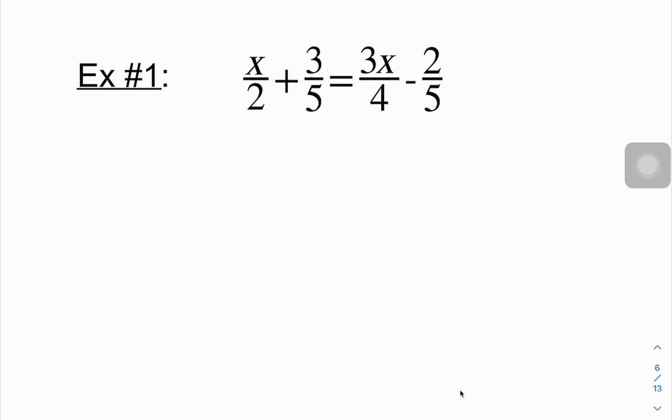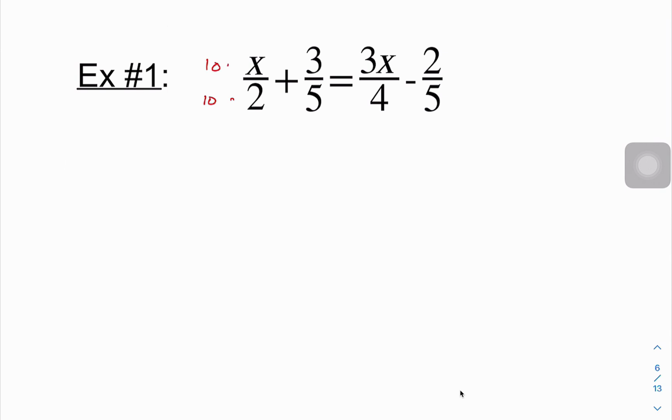So, let's take a look. What's my common denominator? Let's just work our way through. Common denominator of what? What is the last? 20. 20, yep. 2, 5, and 4 all are factors of 20, which means, let's get our common denominators then. So first fraction, we need to multiply top and bottom by 10.